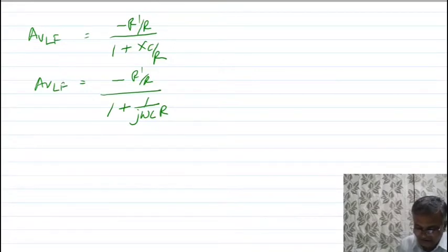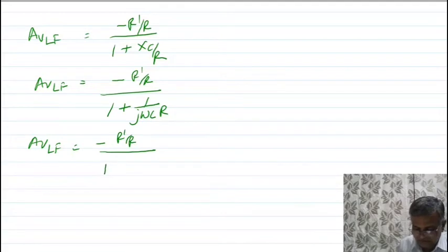This minus R dash by R is actually the gain at mid frequency, divided by 1 minus j upon 2 pi f RC.